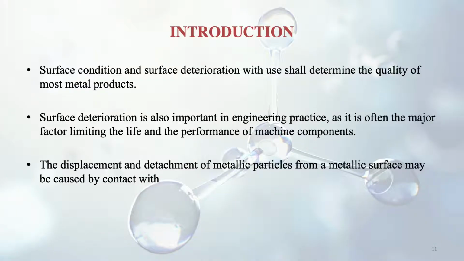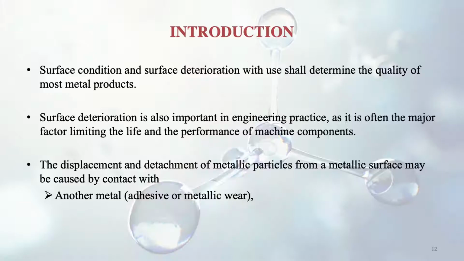The displacement and detachment of metallic particles from a metallic surface may be caused by contact with something. How does this take place? A certain portion of the metal gets detached from its main specimen. The first cause is another metal or an adhesive metallic wearing, rubbing, which can remove it.